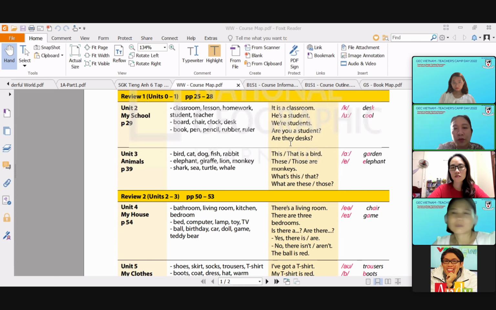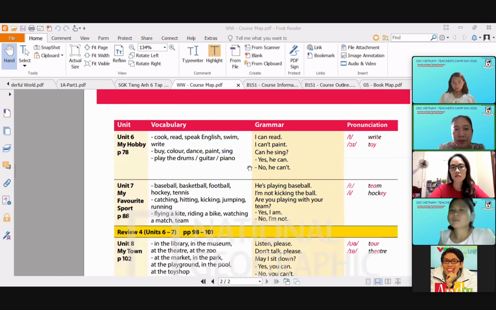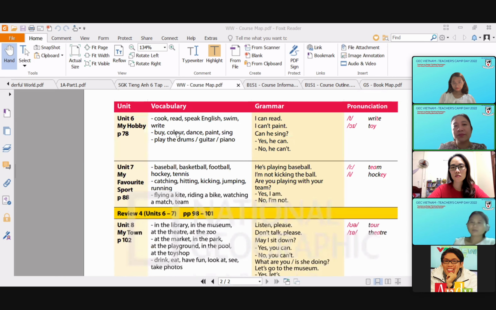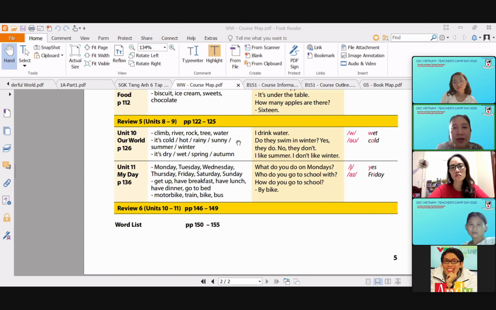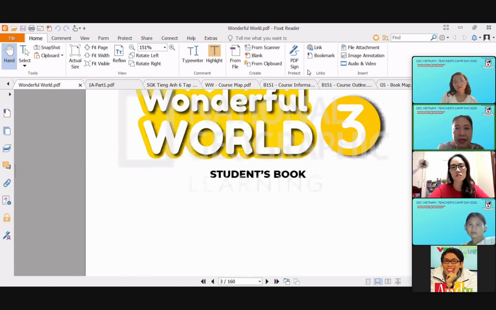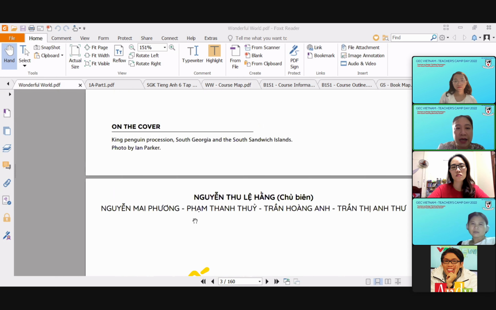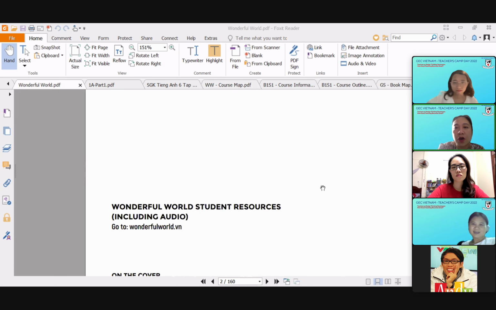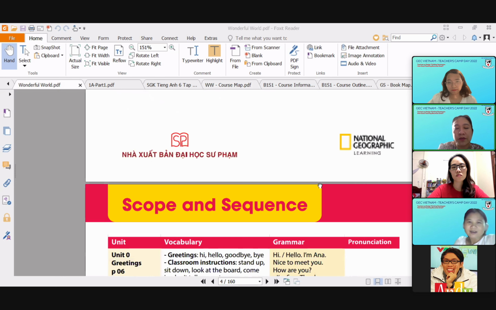Okay, so let's see. Here also grammar, pronunciation, vocabulary. Same. Let's see what it is. It's a wonderful book by the authors group, also guided by National Geographic Learning.